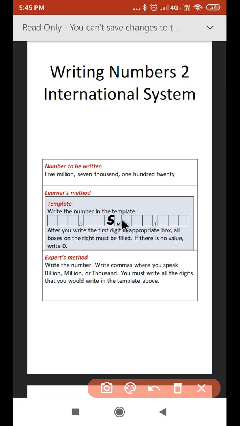Now how do we write 7,000? These 3 digits are thousands. So we will write 007. That is 7 followed by T is 1000. 120. That comes here. 120.